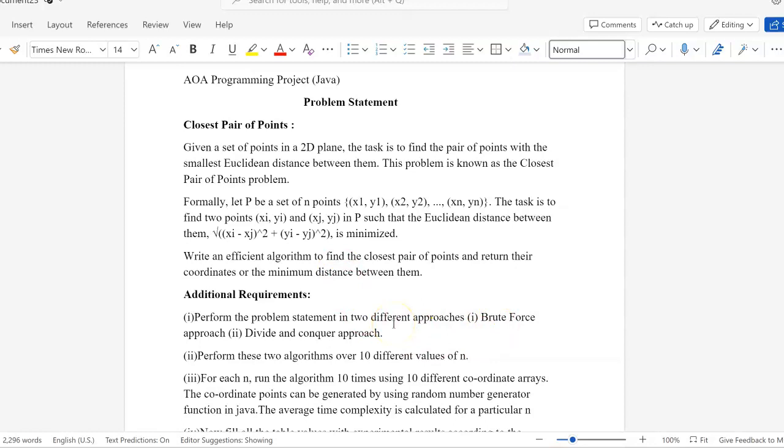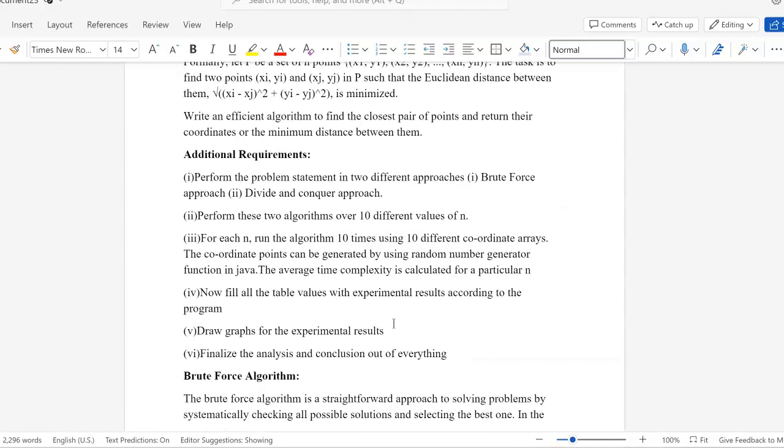For each value of n, we run the code for m different arrays. The inputs for the m different arrays will be generated by a random number generator in Java. So basically, we are running two different algorithms, divide and conquer and brute force, for one single problem, closest pair of points, over 10 different inputs.